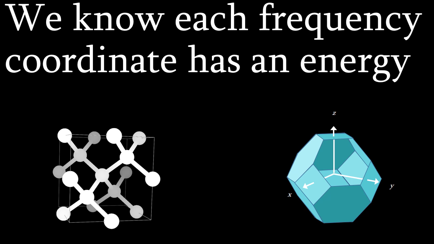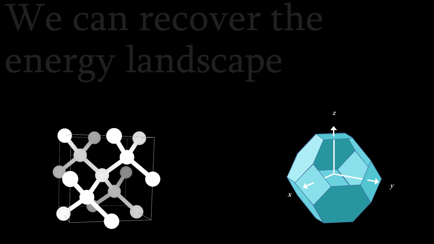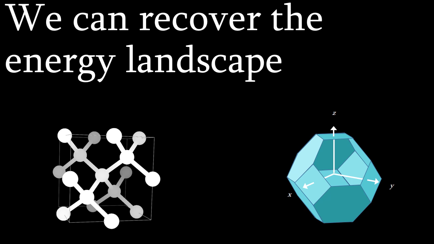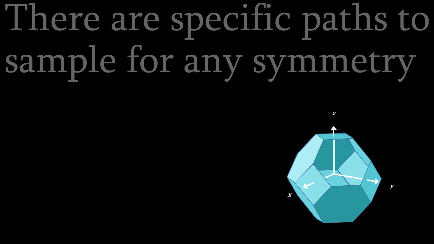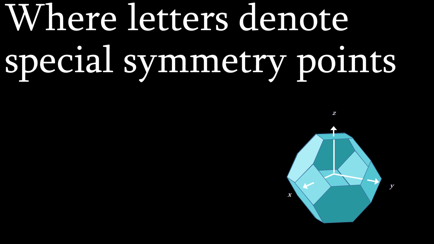We know each frequency coordinate has an energy. So if we sample the Brillouin zone, we can recover the energy landscape. There are specific paths to sample for any symmetry, where letters denote special symmetry points.